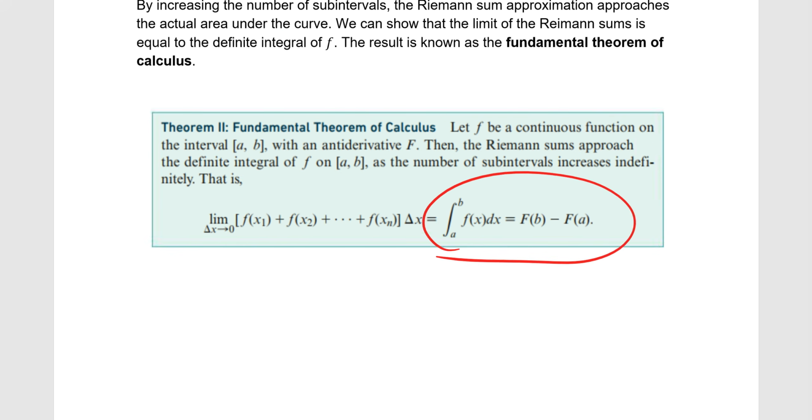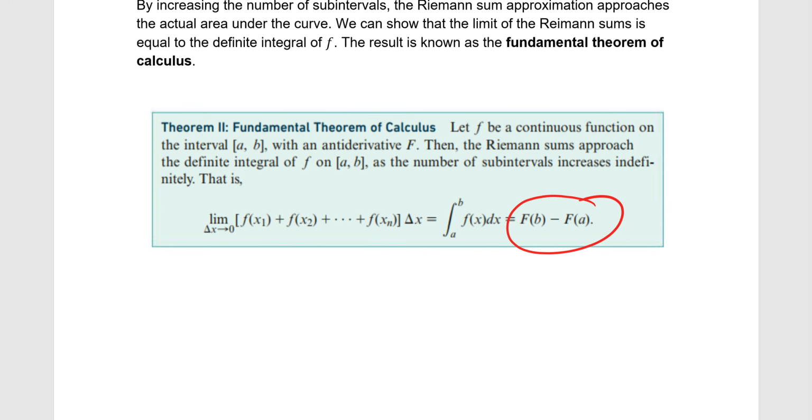The right-hand side, the integral from a to b of f of x, that's going to tell us the area underneath the curve. And we do that by finding the integral and then plugging in upper bound minus lower bound.